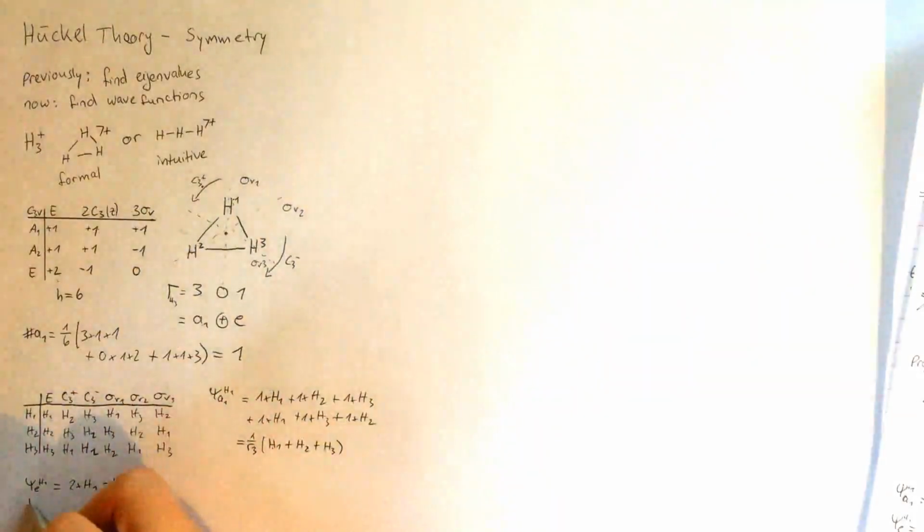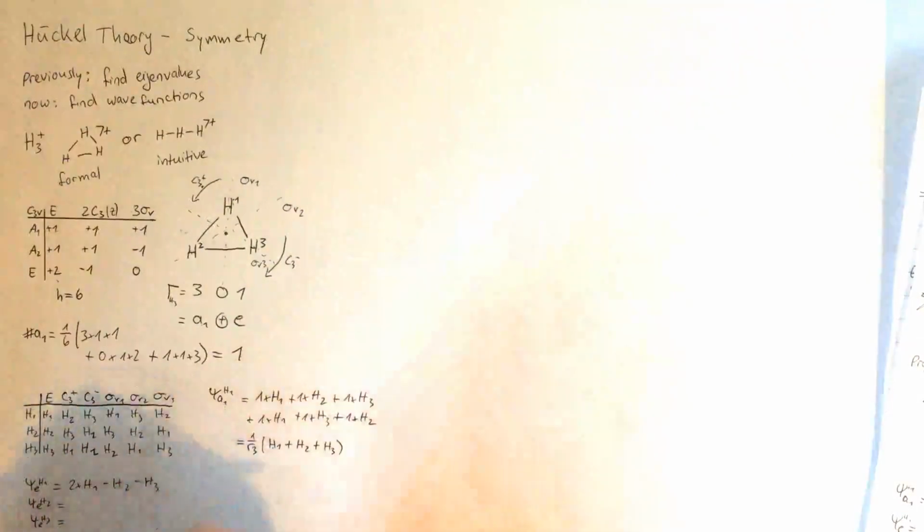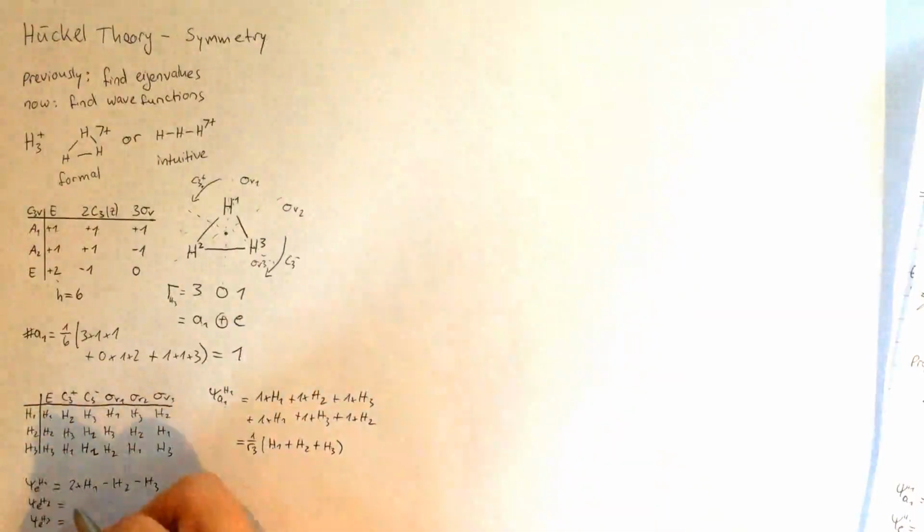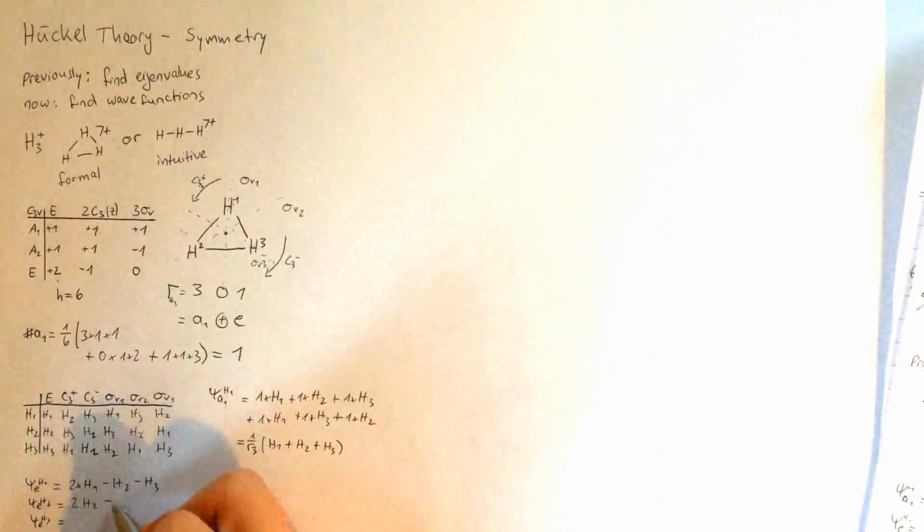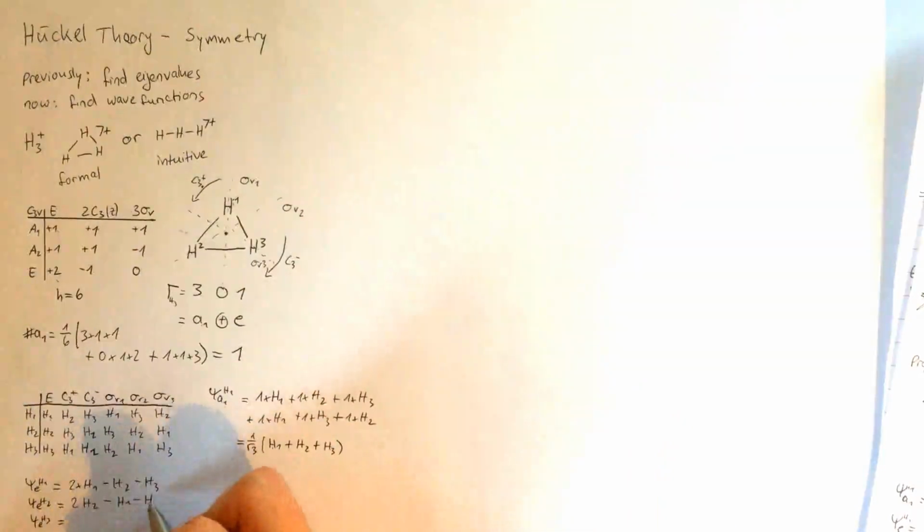If I do the same now for H2 and H3, I will find that I get 2H2 minus H1 minus H3 and 2H3 minus H1 minus H2.